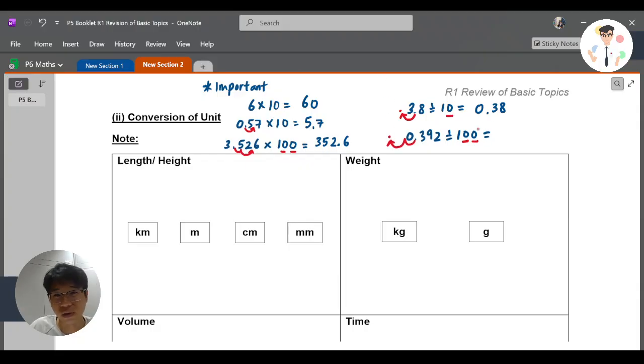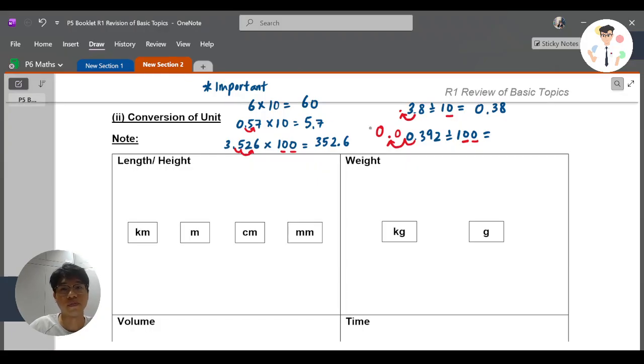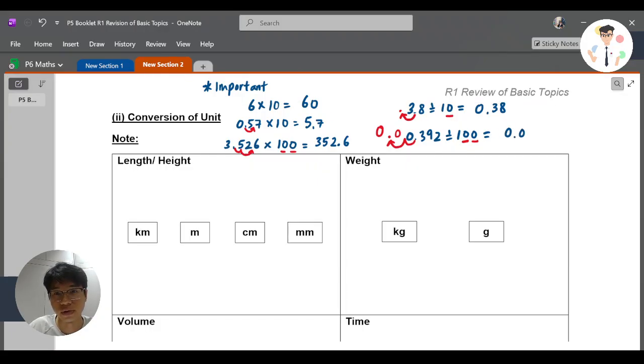If it's a bit confusing, you can just write here: before the dot must have a 0, and there's a space here for 0. So the answer will be 0.00392. Okay, so this is how you handle multiplication by tens, hundreds, thousands, and also the division part.